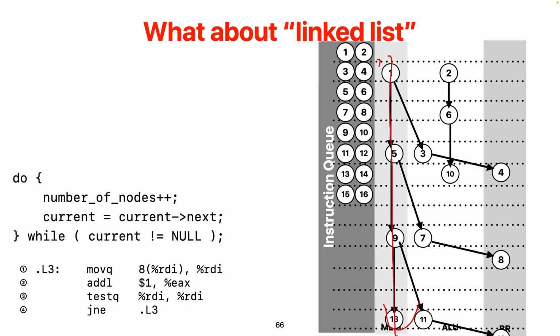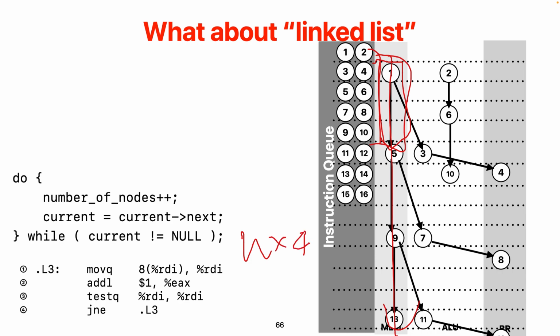So first of all, there's always a 4-cycle delay that you must pay for each instruction on this critical path. If I have n iterations, how many of these will be on the critical path? N times 4 cycles of delay that I have to pay.